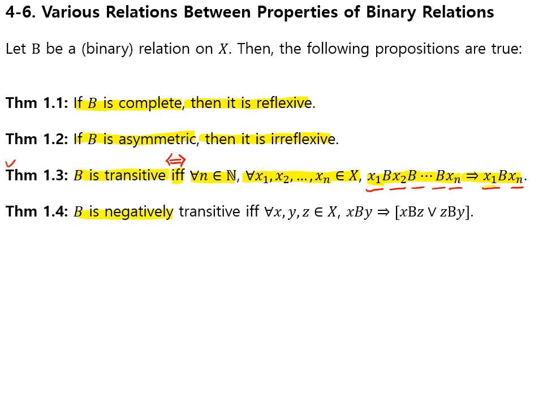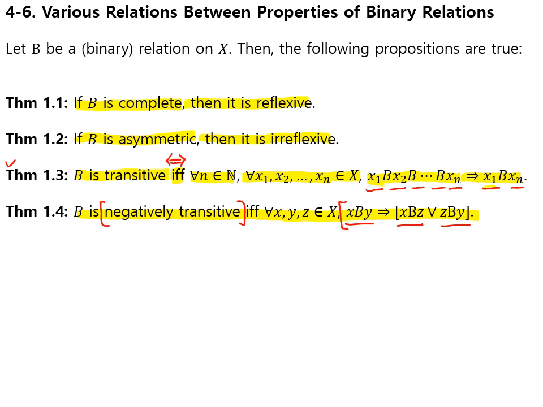If B is negatively transitive, then for every x, y, and z, the fact that x is related to y implies that either x is related to z or z is related to y. Okay, so we have seen that the definition of negative transitivity is a bit cumbersome to apply in practical usage.